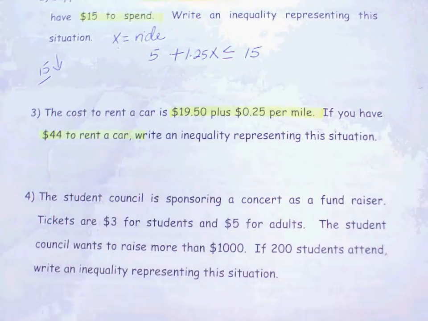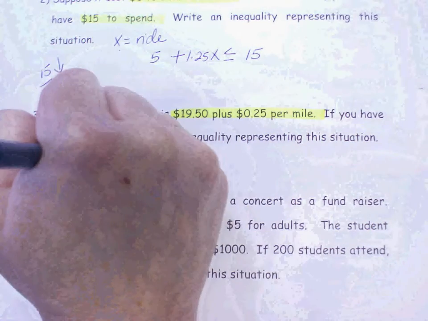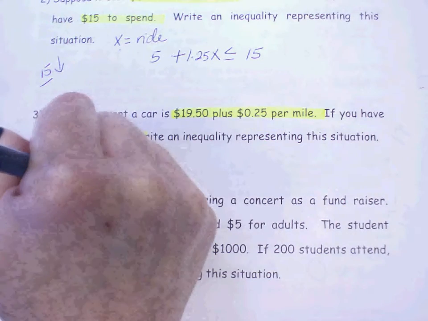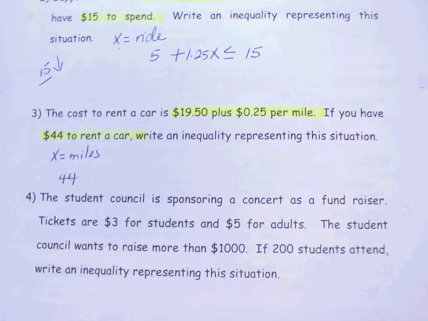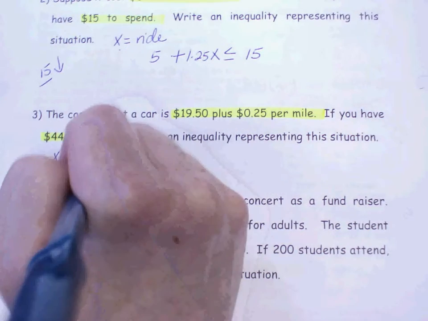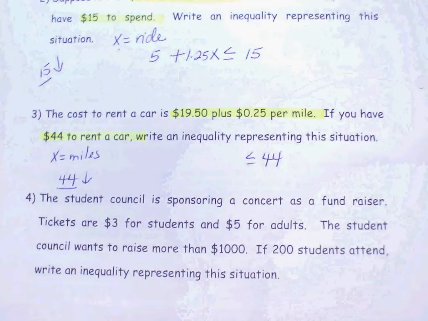All right. The cost to rent the car is $19.50 plus 25 cents per mile. If you have $44 to rent the car, write an inequality. What's my x? Miles. Very good. How much money do you have? 44. Can you spend 44? But can you spend more?